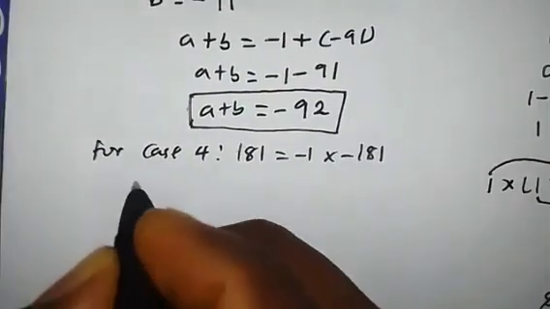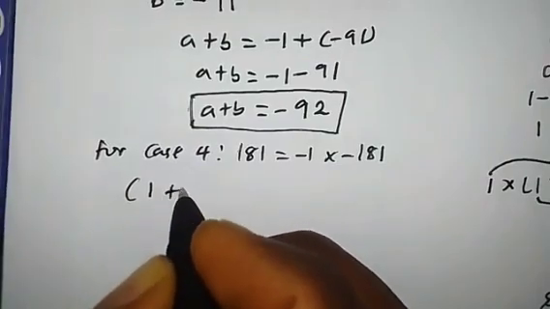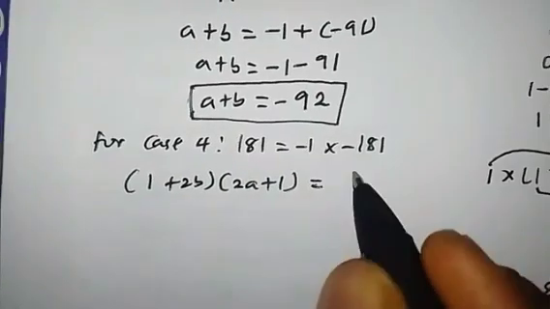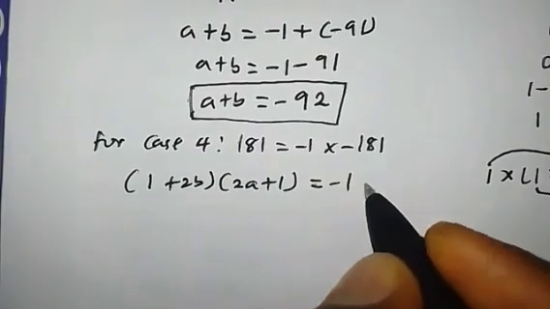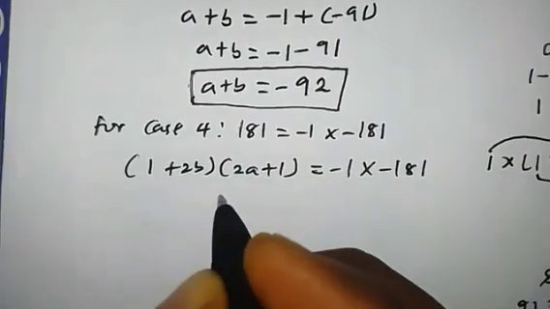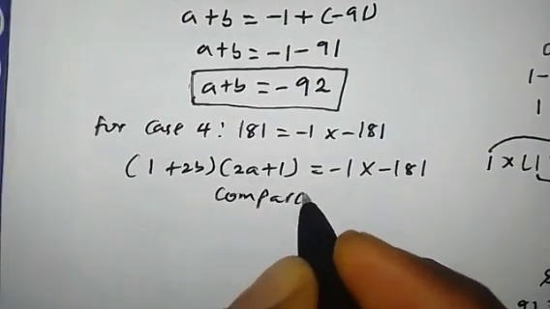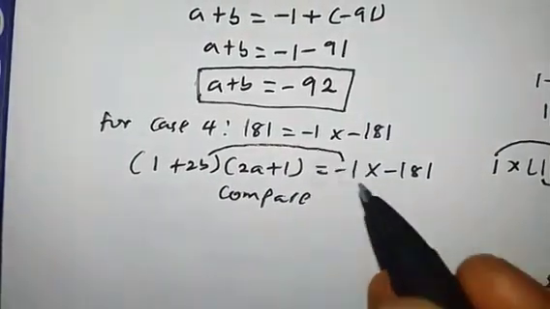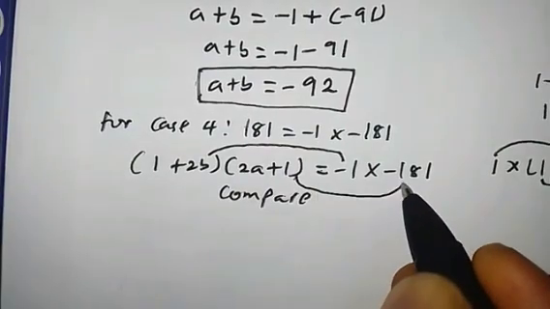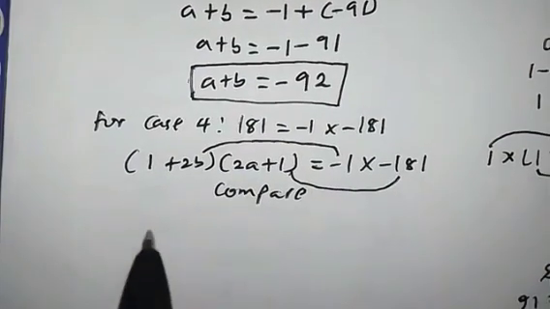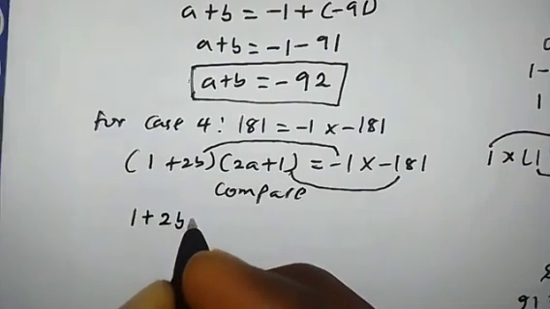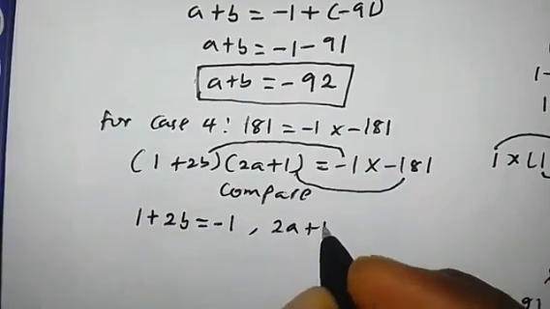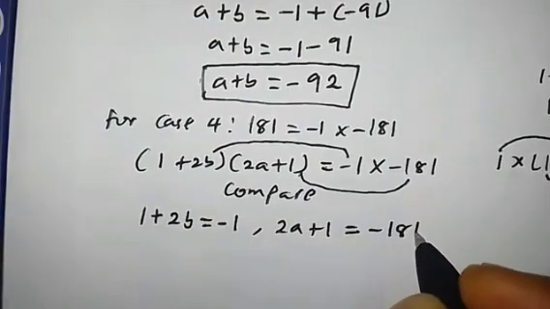So we're going to have 1 plus 2b times 2a plus 1 equal to minus 1 times minus 181. If we compare as usual, 1 plus 2b will be equal to minus 1, while 2a plus 1 will be equal to minus 181.